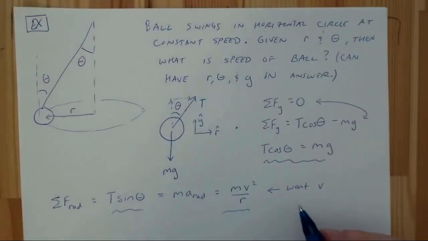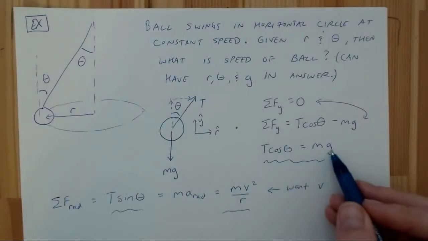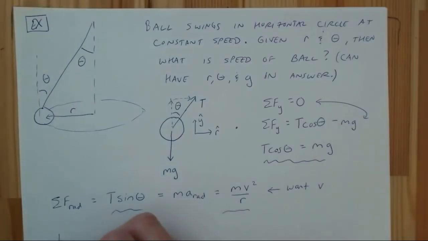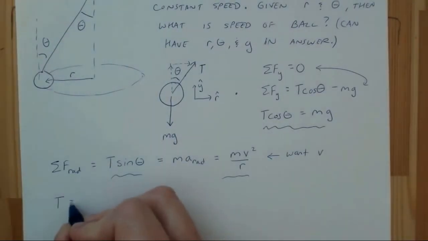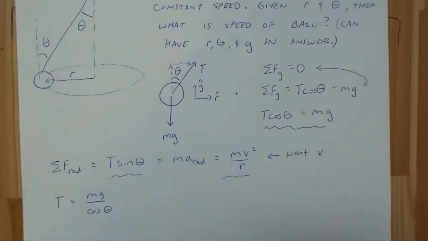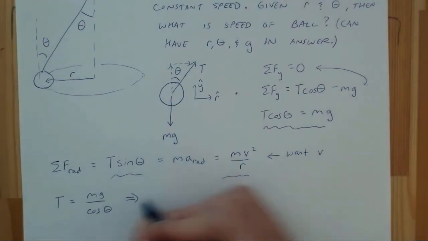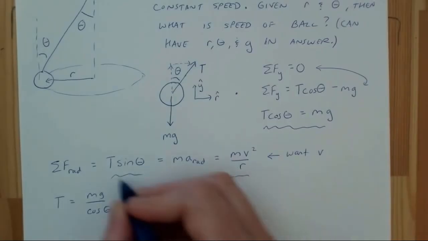Okay, so now we have our two equations, and we can solve them for the speed. So we can say here that the tension is equal to mg divided by cosine theta from this first equation, and then we can put that into the second one here.